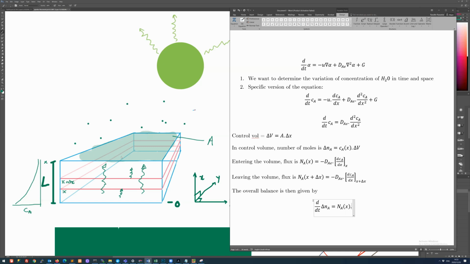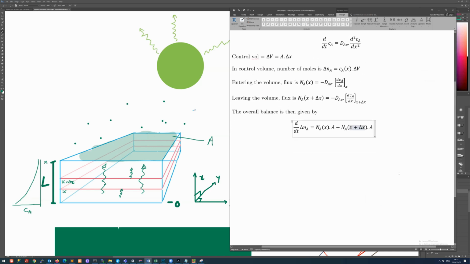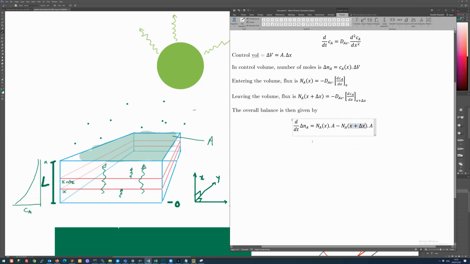That's our X direction. And then the area that's normal to that flux is this green shaded area that we drew here. So we can simply write this as A. That's the area A. So that's what's coming into our subvolume, and then leaving the subvolume is the flux at X plus delta X. Right, so that's the overall balance, the generalized version of that.